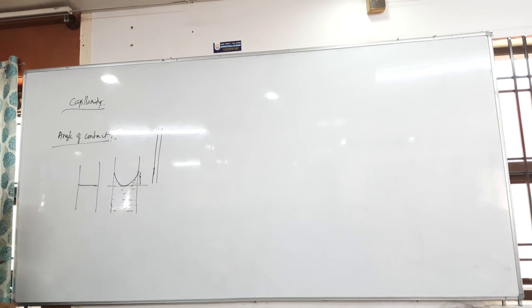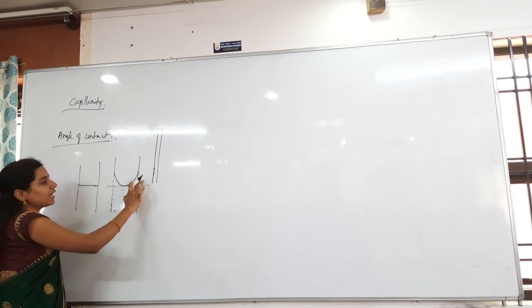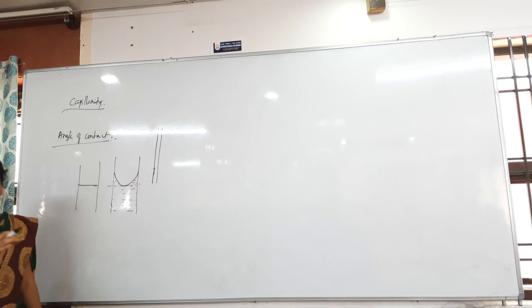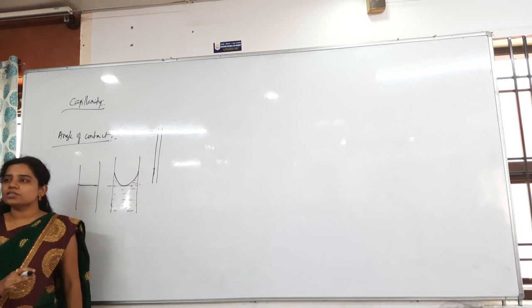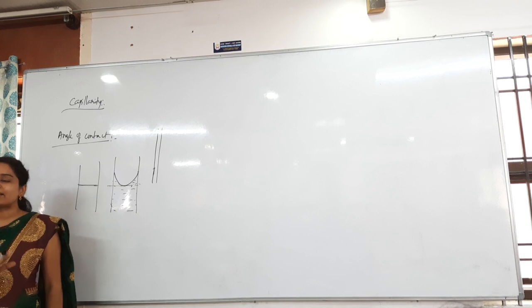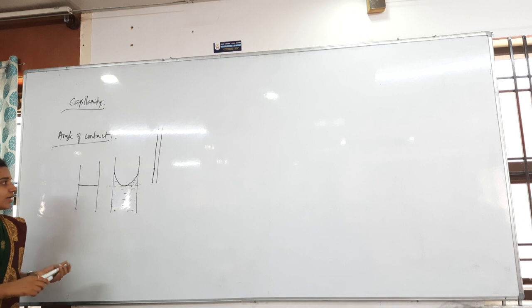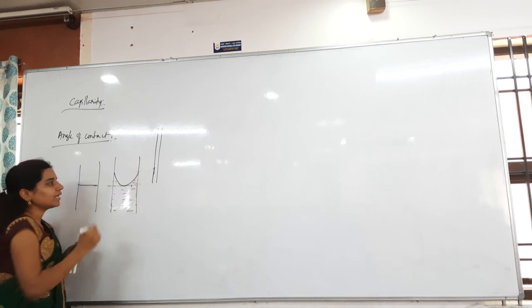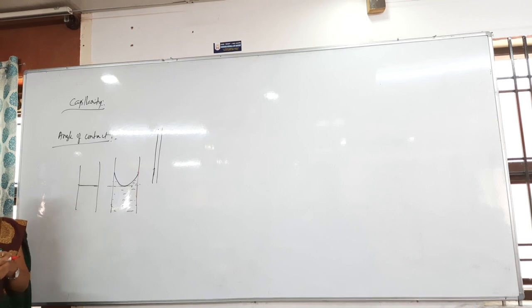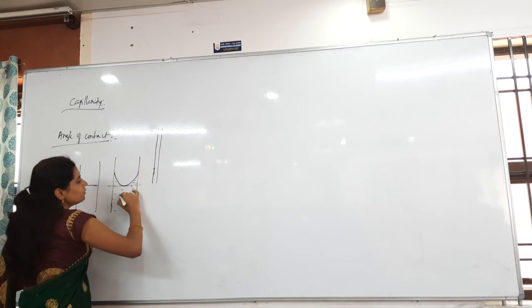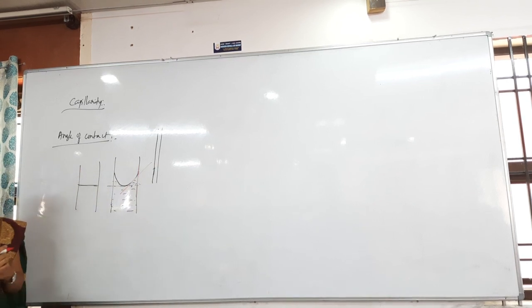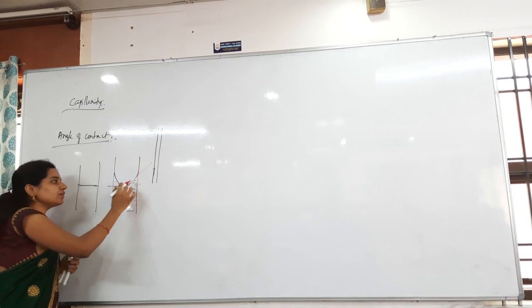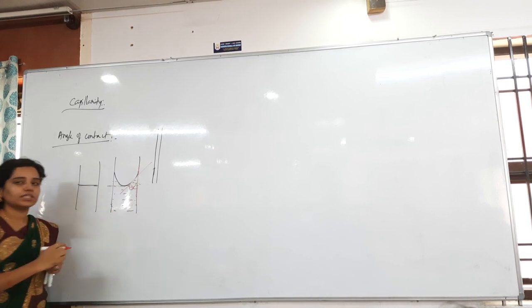First of all, the angle of contact means the angle between the tangent drawn to the liquid surface and the tangent drawn to the glass surface, the capillary tube surface. Here, I draw a tangent for the glass surface, and also a tangent to the liquid surface. The angle between them is known as the angle of contact, theta c.